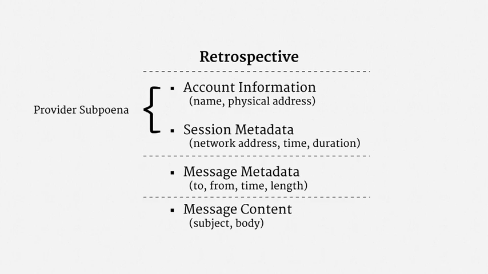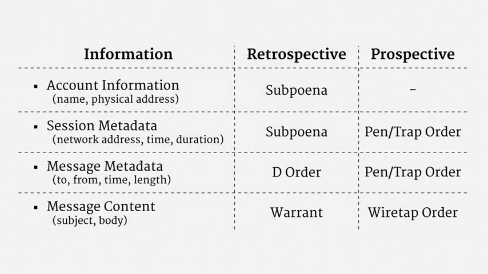It isn't covered by the SCA's subpoena provisions, but it also isn't content. That means it falls into the default category of a D order. The last category is message content. It requires a provider warrant. This table puts together all the retrospective and prospective email surveillance procedures that we've covered.